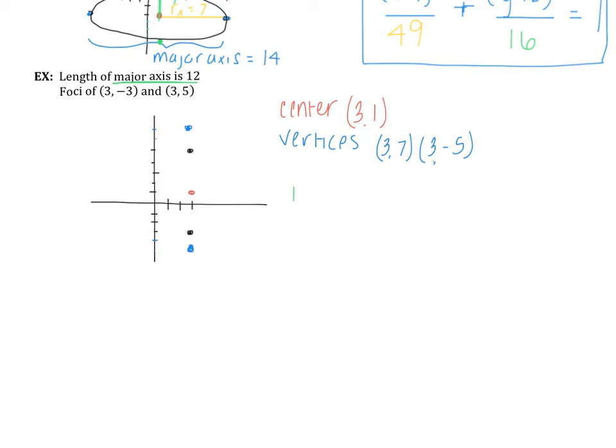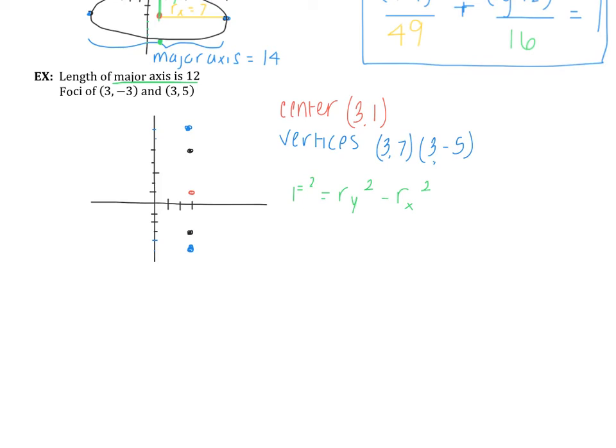So I'm going to use the formula for foci of F squared equals Ry squared minus Rx squared. Again, you're in an ellipse, so that's why you're subtracting. Now, I actually know my focal length. I'm using this formula to find my Rx. A little bit different, same formula.